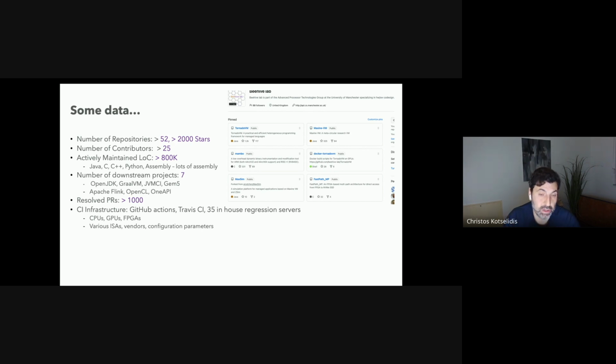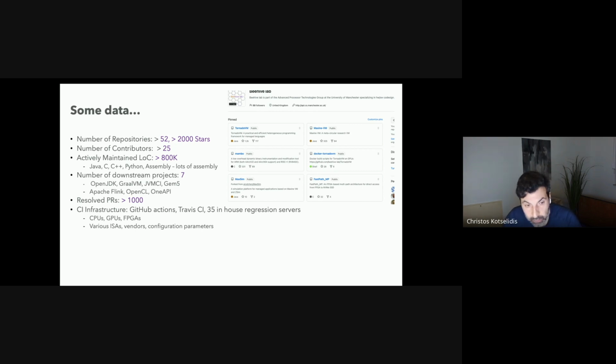which is one of the largest universities in the UK. Our small group has over 2,000 stars on our system software and 25 contributors. We maintain, I think now, close to 1 million lines of code across different programming languages, and we have 7 downstream projects that we build upon, maintain, and push back to, with over 1,000 PRs.